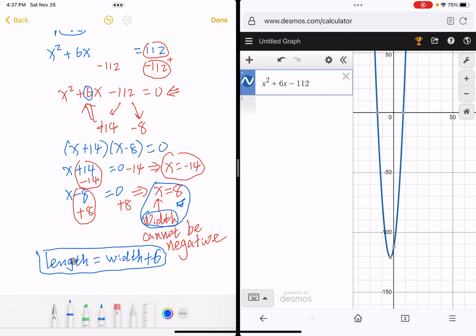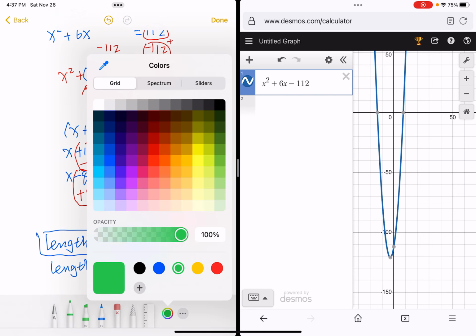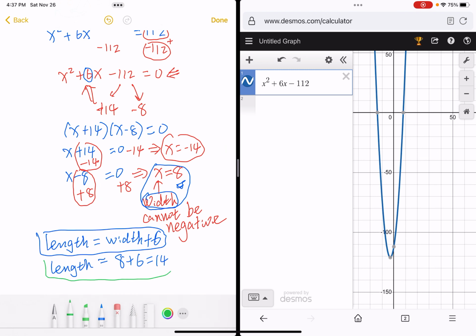We then have a length of 8 plus 6, which is 14, and that will be the length. So let me again mark here. Length is 14, width is 8. So we are done.